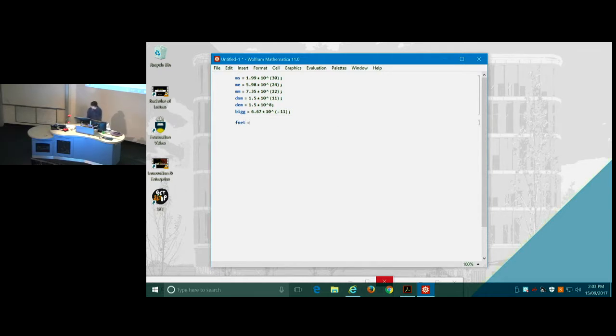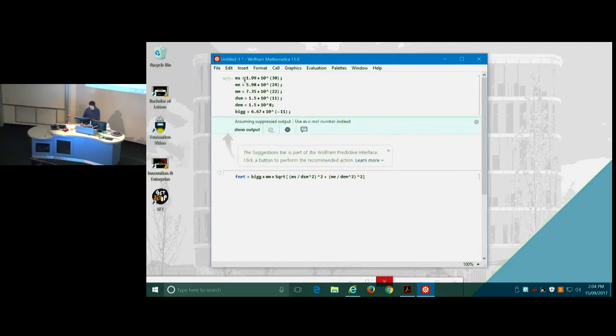So if I just enter in the equation that we just derived, it's going to be this. I make sure I shift enter here, so Mathematica knows what all the masses and the distances are, and also what Newton's gravitation constant is.